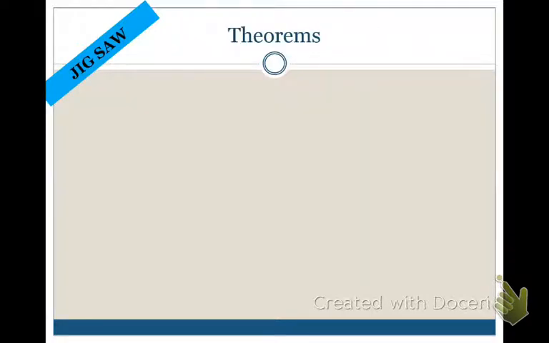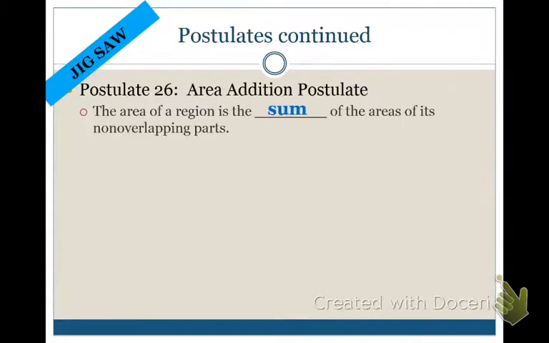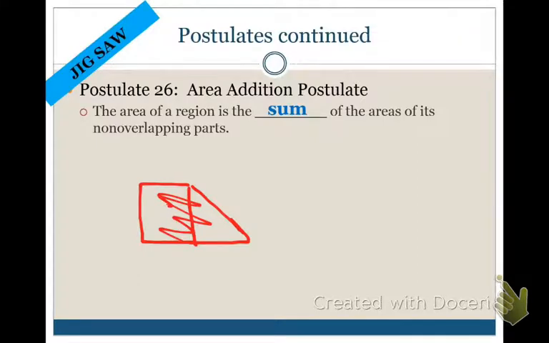So you would use that idea if, let's say, you had a shape that looked like this. Well, we're going to have a formula for the area of a trapezoid, but we could take the area of a square and the area of a triangle and add those two together. That's going to be the area of the entire shape. Got it? All right.